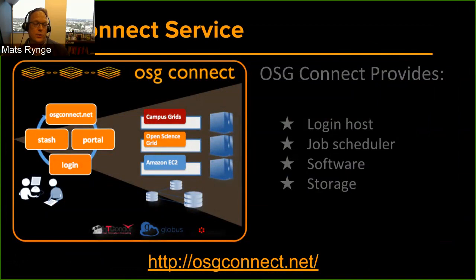It provides things like a login host, software catalog and storage. It is open to any US researcher or researcher part of a US collaboration. And the link to follow is the one on the bottom of the slides, osgconnect.net, where you can read more about OSG Connect and sign up for an account.